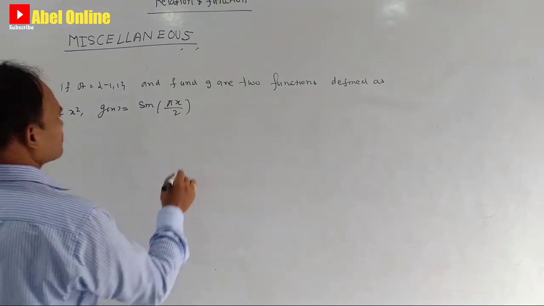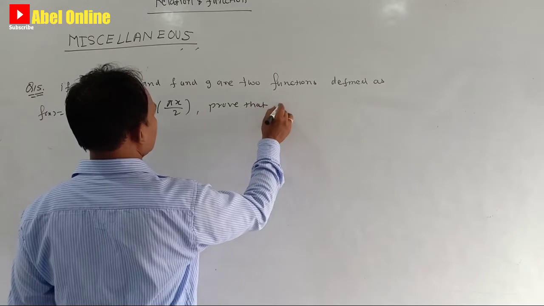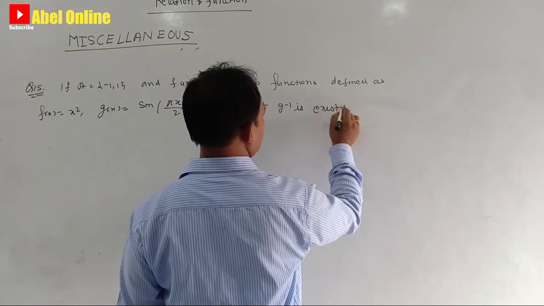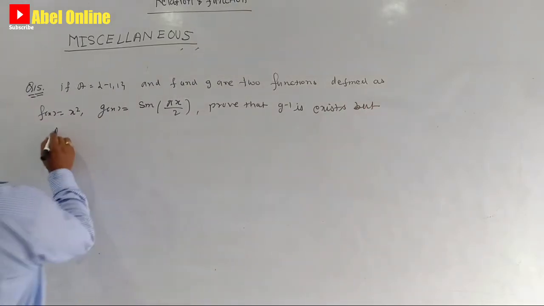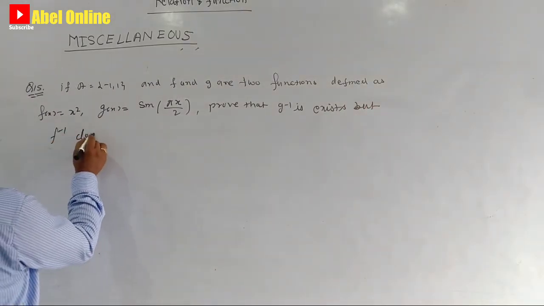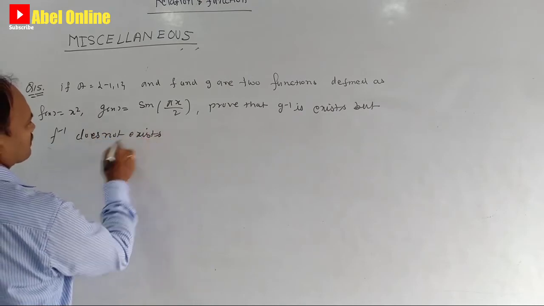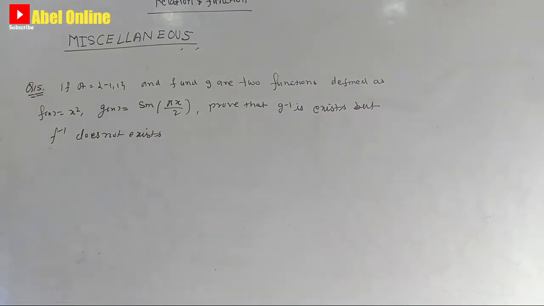Prove that g inverse exists but f inverse does not exist. We have to prove that g inverse exists but f inverse does not exist.